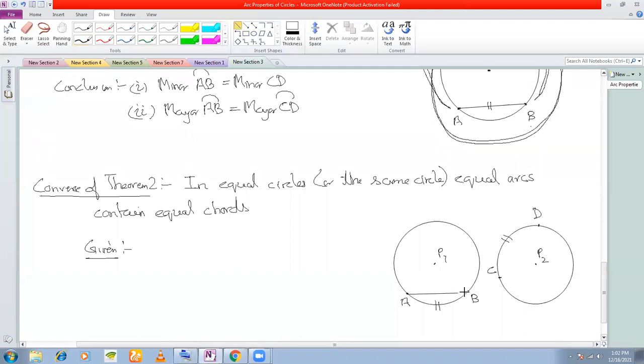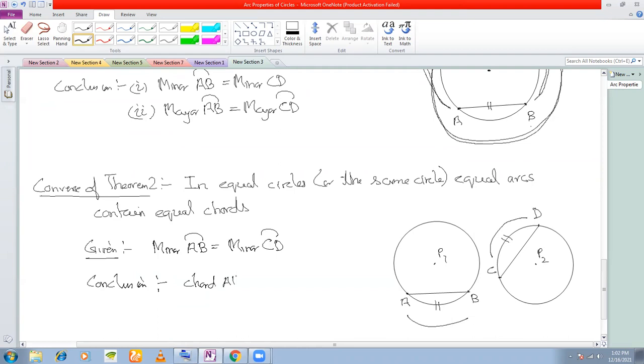Then if I join these two with the help of a straight line, AB becomes a chord. So if I give you that minor arc AB is equal to minor arc CD, that is, this part is equal to this part, right? Then you can conclude that chord AB must be equal to chord CD. Clear?